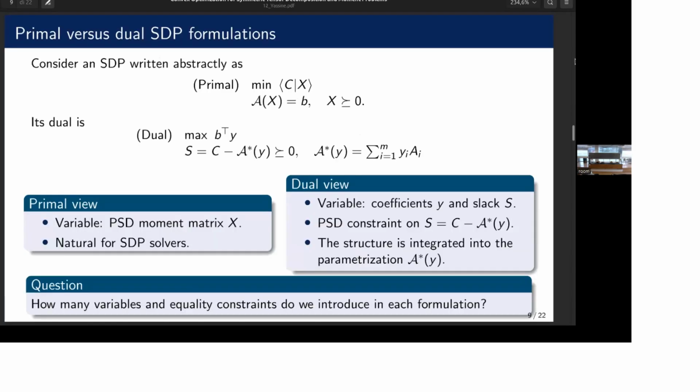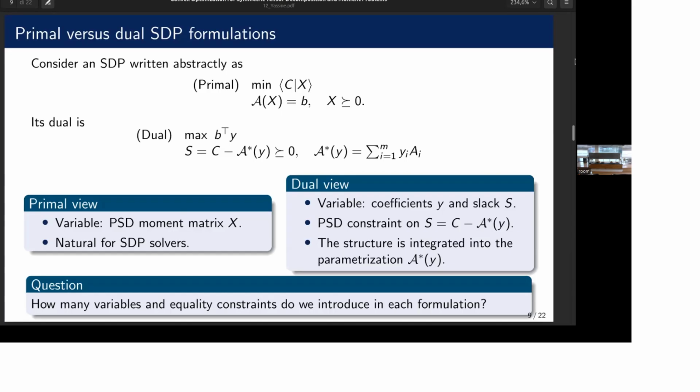Now if we look at the SDP formulations for the primal and the dual form, for the primal shape of the SDP the PSD matrix is only X, and this is the main SDP shape used by the main solvers. For the dual view, our coefficients become y and the slack S. The PSD constraint will be on S, and the structure of the problem is integrated in the parameterization A star y.